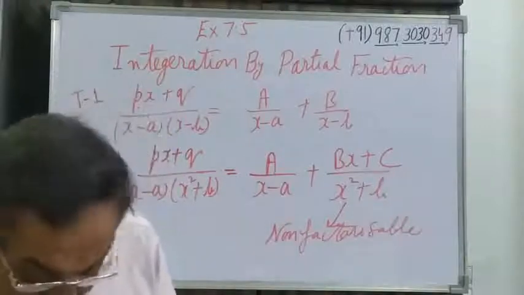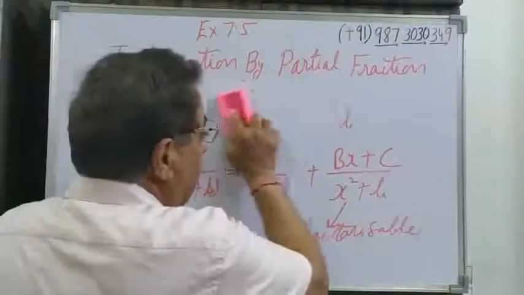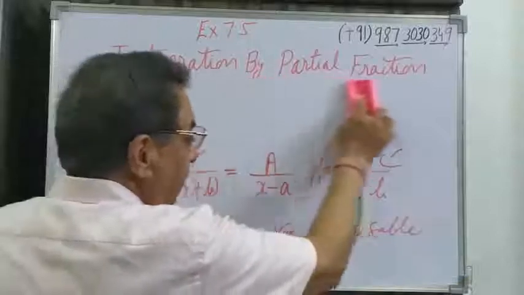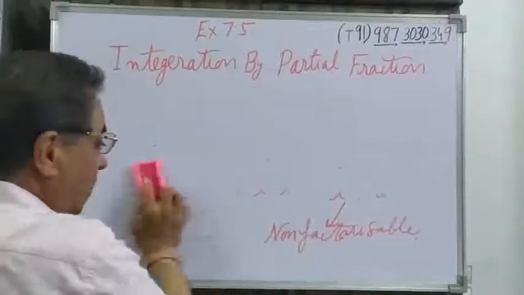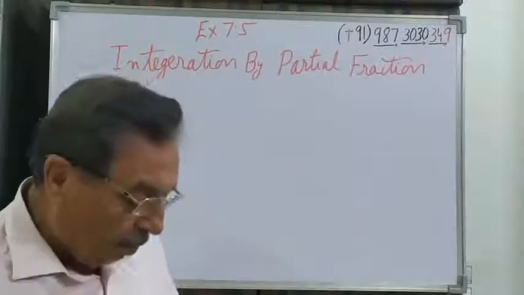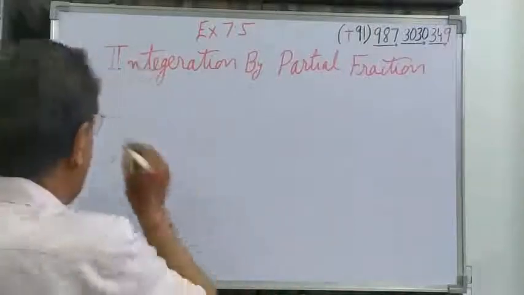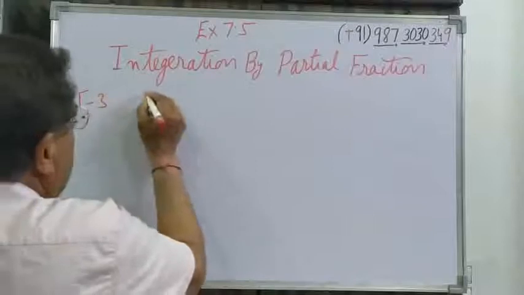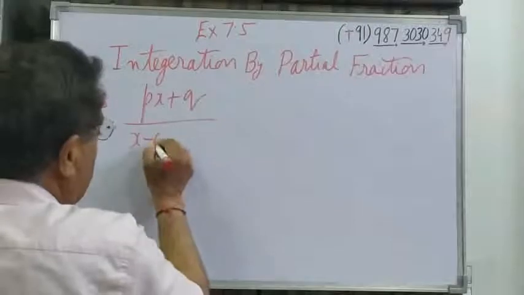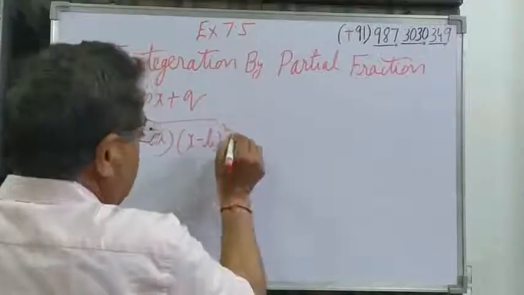Now the third type. What is the third type of question we come across that has to be resolved into partial fractions? The third type has repeated factors. Type 3 is px plus q upon x minus a and x minus b whole square.